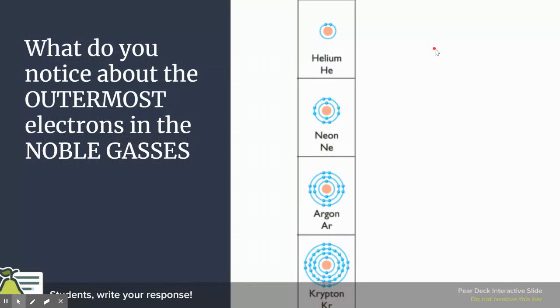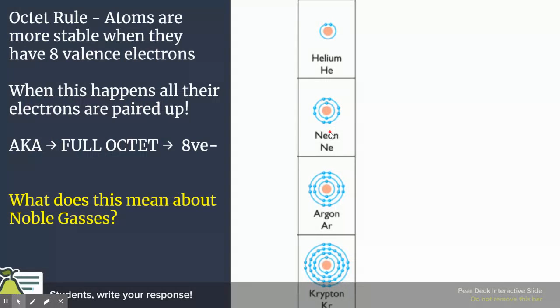Now, when we look at the noble gases, and we look at their outermost ring, we're going to notice that they have 8 in their last ring, except for helium, which we said is kind of weird. But what's important about this is that when it has 8, all of the electrons are paired up. So the noble gases are following that octet rule.